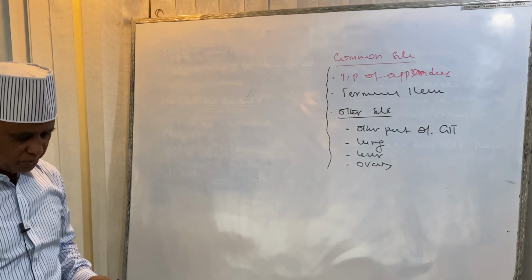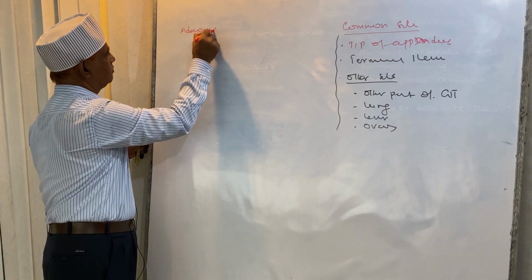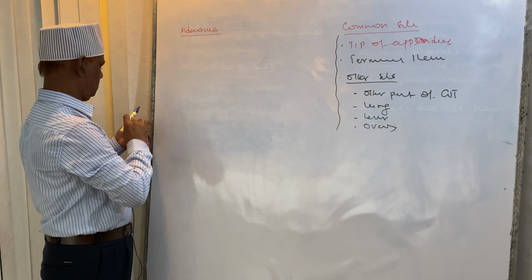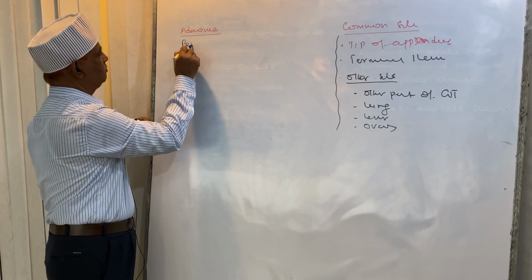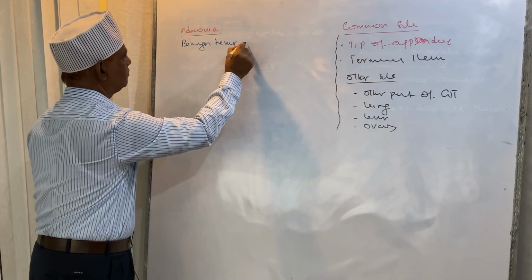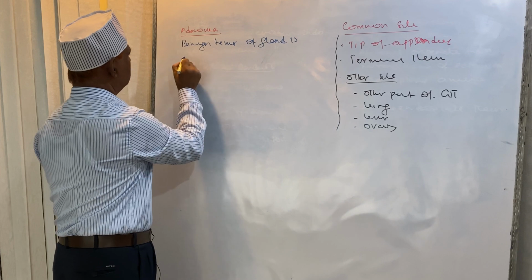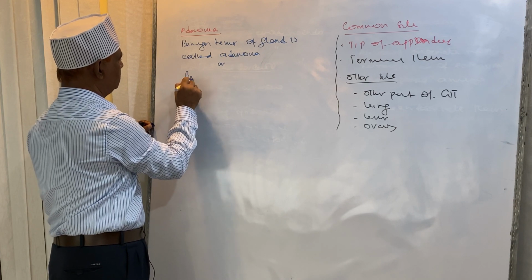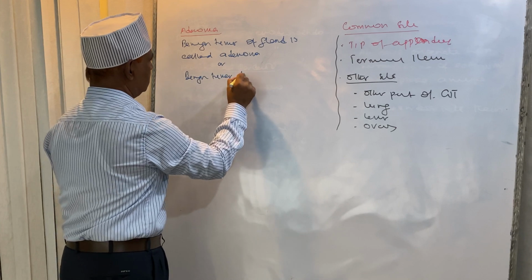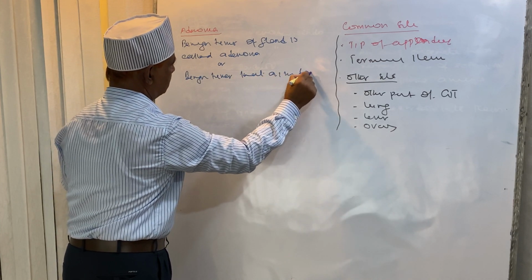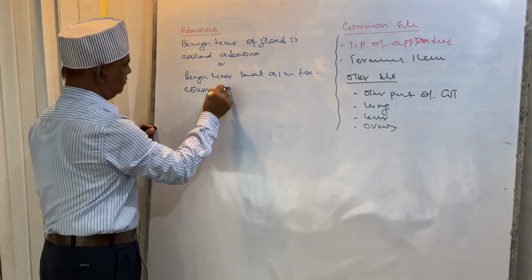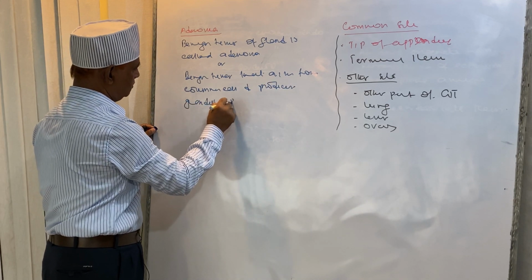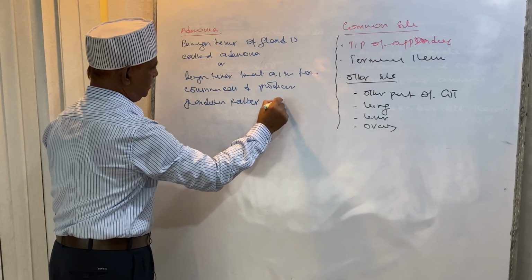Dear audience, now come to adenoma. A benign tumor of gland is called adenoma, or a benign tumor that arises from columnar cells and produces a glandular pattern is called adenoma.